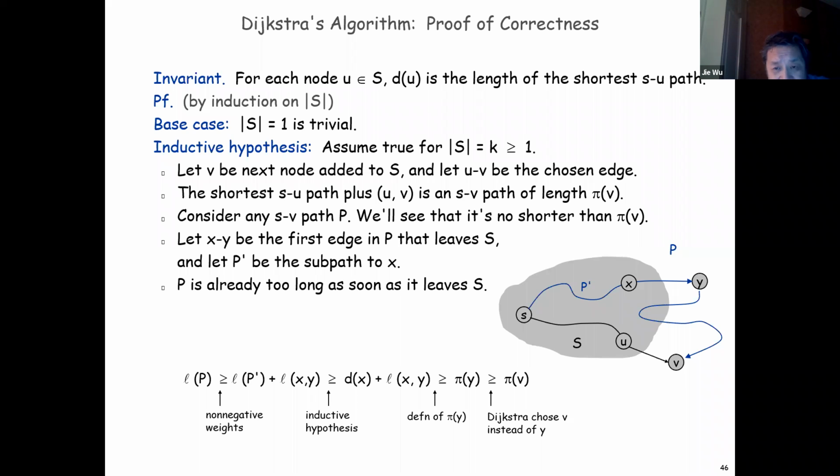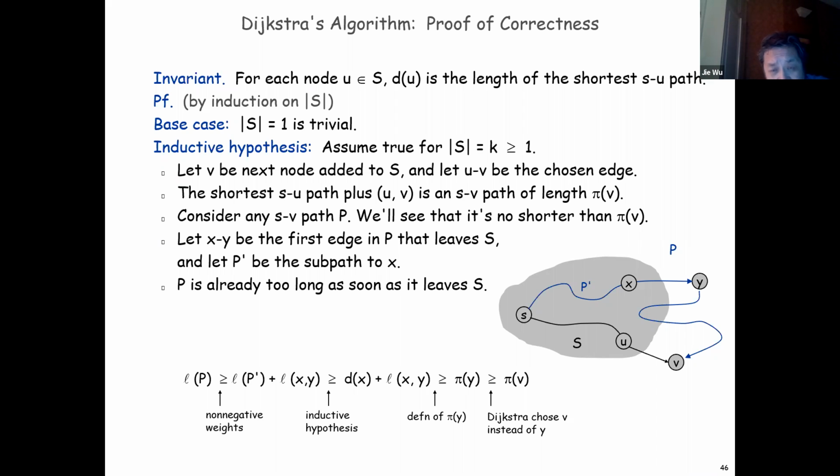So let's think a little bit more about this one. In this shaded region, you build a kind of tree, right? A shortest path tree. Then you keep on adding one at a time from outside. That corresponds to the next shortest one, using the nodes inside this region as intermediate nodes.